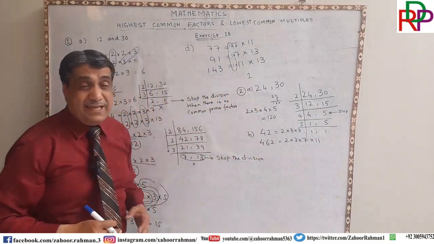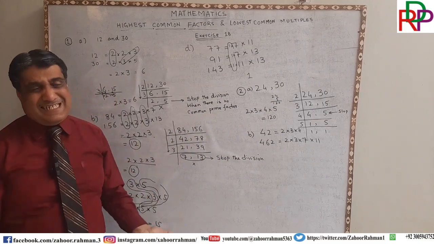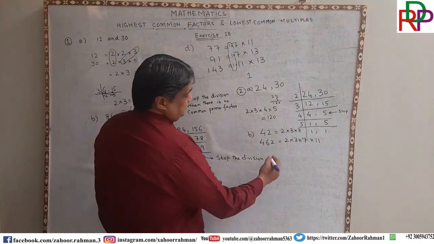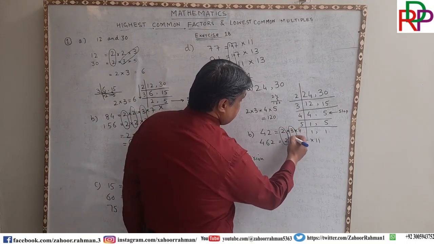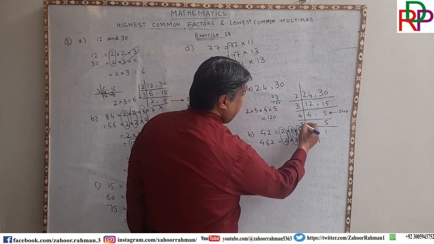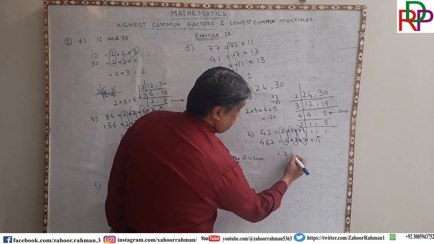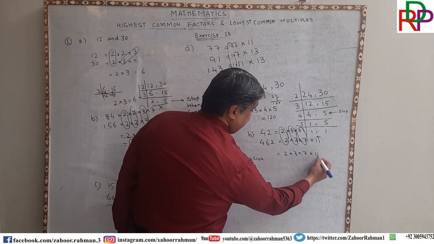Remember that in the LCM, when you are doing the listed method, then you have to take common and non-common numbers as well. So 2 into 3 into 7 into 11.